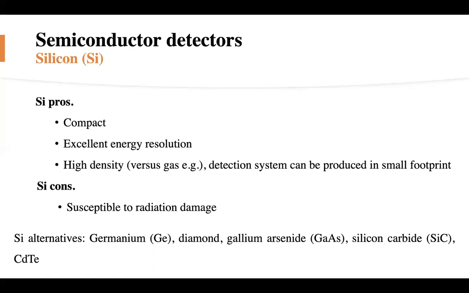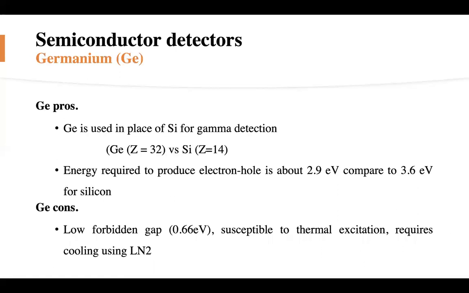As an alternative material for silicon, germanium can be used efficiently to overcome some disadvantages of silicon. Also gallium arsenide and silicon carbide, which are kind of new detectors. Germanium is used instead of silicon for gamma detection.